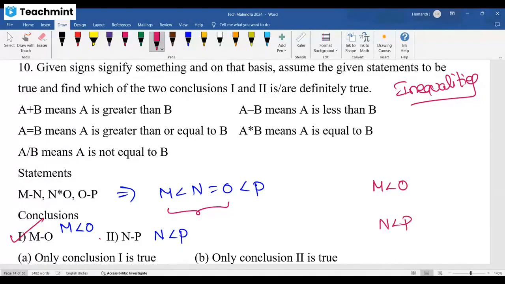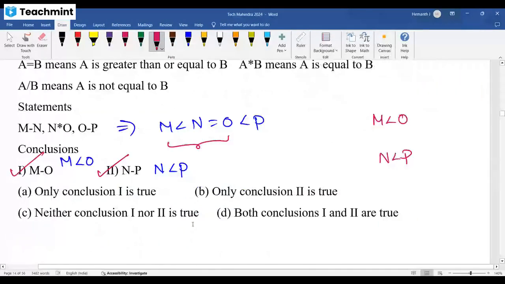So both conclusions are true. In the inequalities concept we give many different varieties, but this is a very basic question. Likewise, you need to go ahead. Both true. Super.